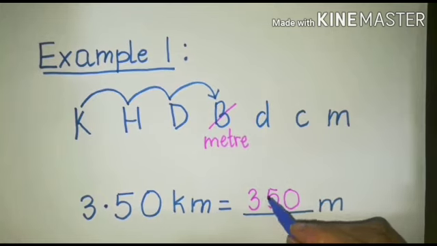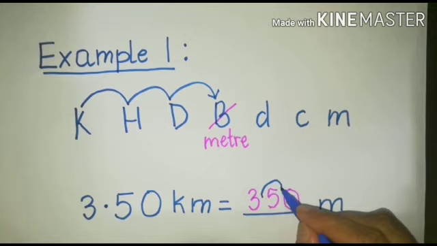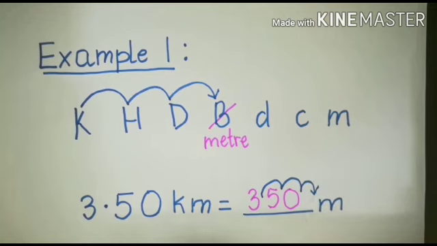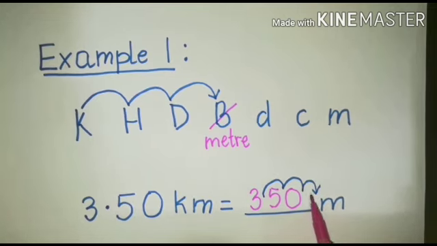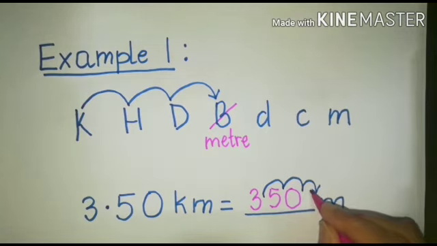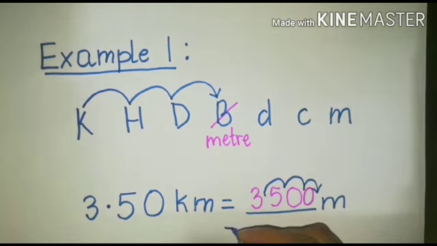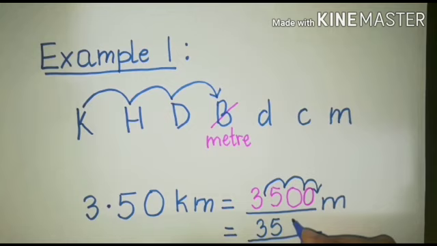And now I will move my decimal place from here 1 step, 2 steps, and 3 steps forward. Now if you notice, there isn't a third digit here or a third place, so I will write 0 in the empty space. So 3.50 kilometer is equal to 3,500 meter.